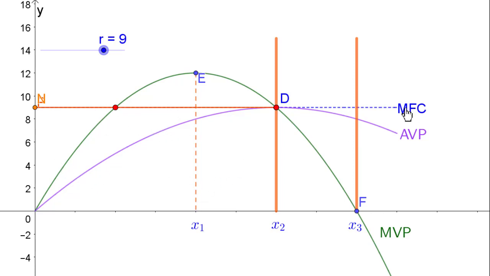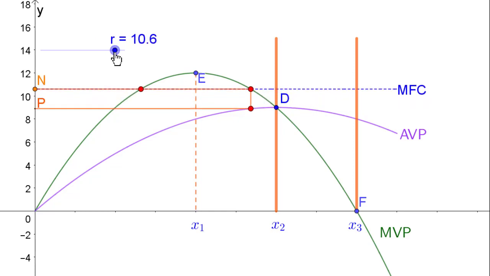And the region below the MFC, because MFC also equals the average factor cost, so X2 times MFC is also the total factor cost. And the difference between AVP minus MFC, if you multiply that difference by X2, is actually going to be the profit. So at this specific point, because AVP and MFC are the same, the profit will be 0.